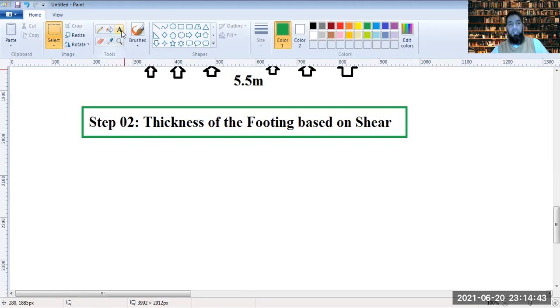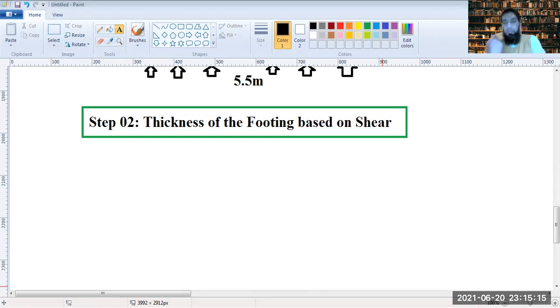In the last lecture towards the end we discussed one-way shear and two-way shear. These are the two methods by which, on a trial and error basis, we go ahead with calculating the thickness of the footing. So it's either the one-way shear or the two-way shear that dictates what would be the thickness of the footing.